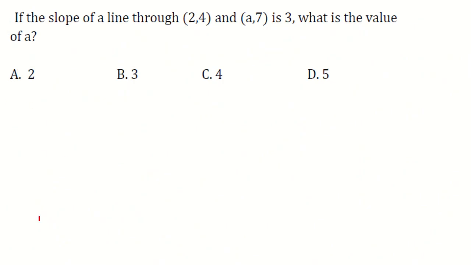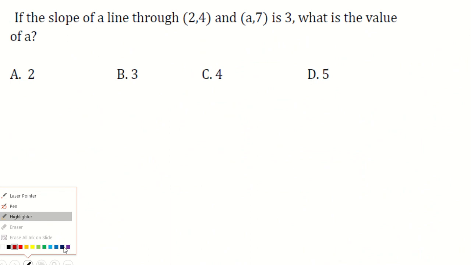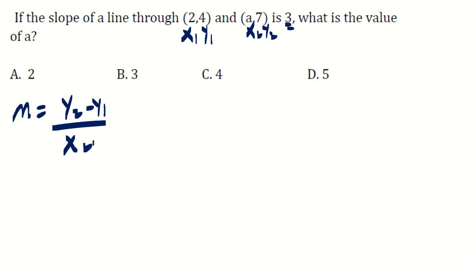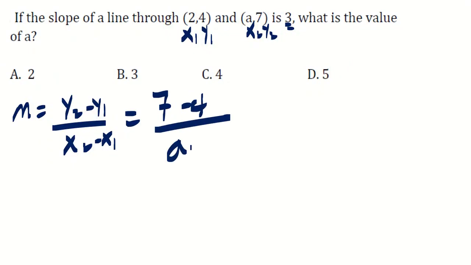The next question says if the slope of a line passing through these 2 points is 3, this one x1, y1, x2, y2, the slope is given. So the slope formula is y2 minus y1 over x2 minus x1, which is 7 minus 4, the whole over a minus 2.